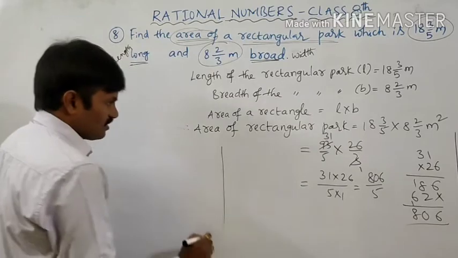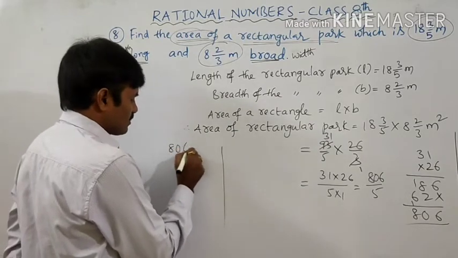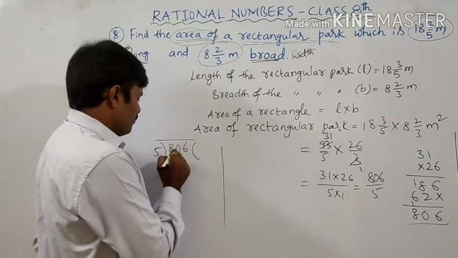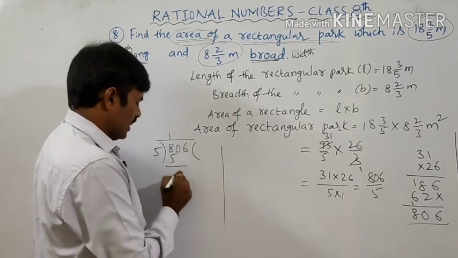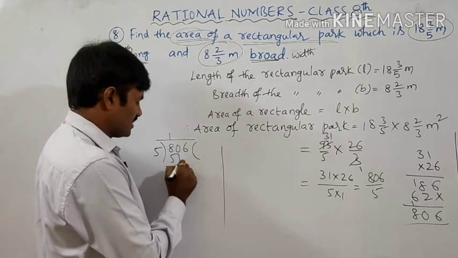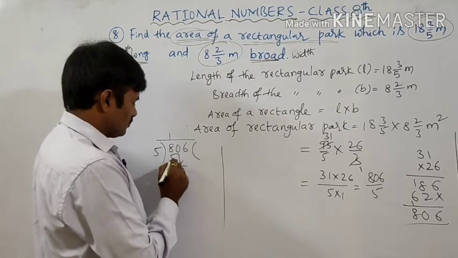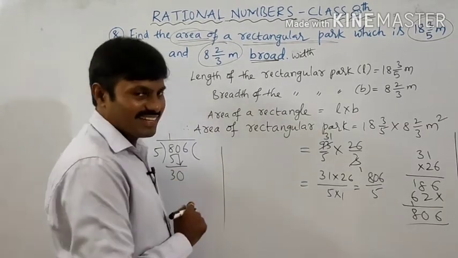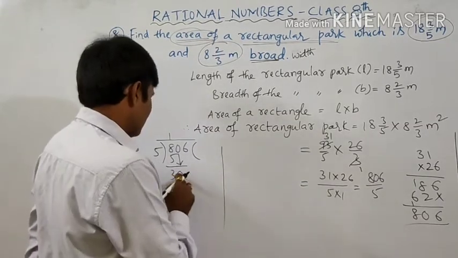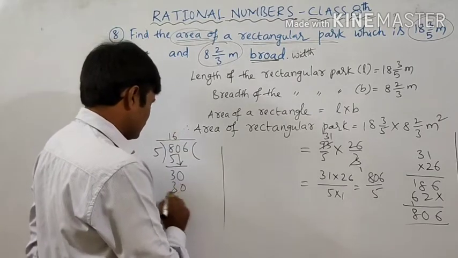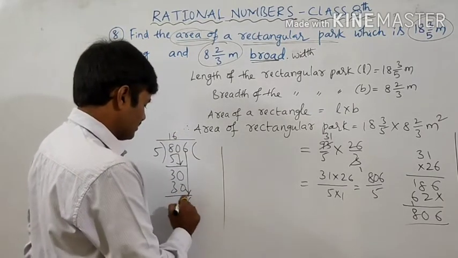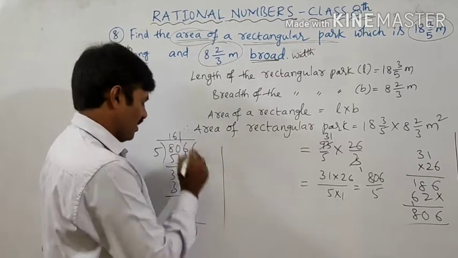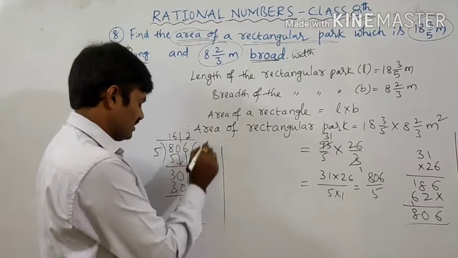I am doing rough work on the left side. 5 ones are 5, 8 minus 5 is 3. I'm sorry, 8 minus 5 is 3. Bring down the next digit 0, so 30. 5 sixes are 30. Bring down the next digit, 5 ones are 5, 1 remains. Then 5 twos are 10.